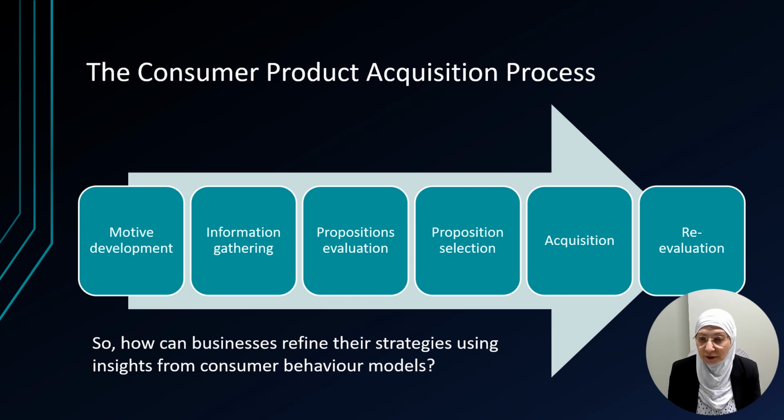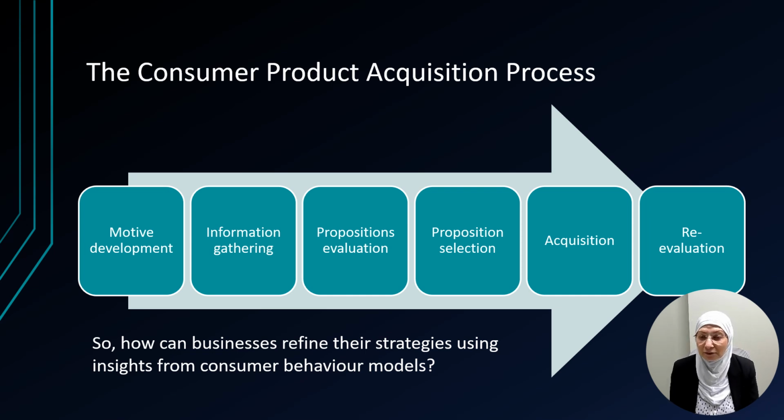So when you have that problem and that motivation or stimulus, sometimes you see an ad and say, oh, that's nice to have. So you start information gathering. You look at the options in the market, online, offline, what's available, what the information is, what people are saying about them, how they are reviewing them.